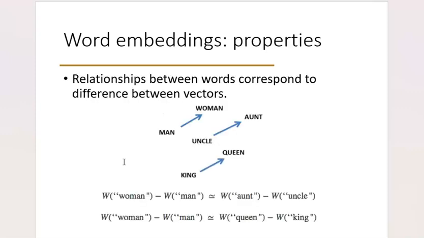So the central idea behind word embeddings is that we want to learn a mapping function, let's call it W of any given word, that takes a word and converts that into a high-dimensional vector representation. It could be, for example, 64 or 256 dimensions, whatever we decide.